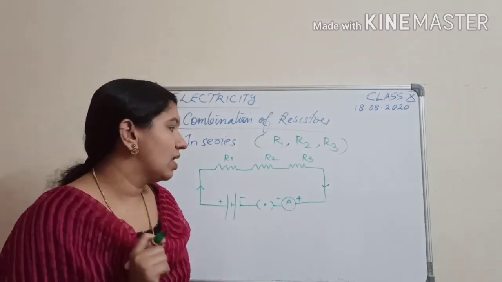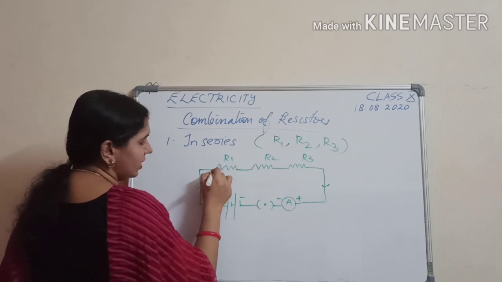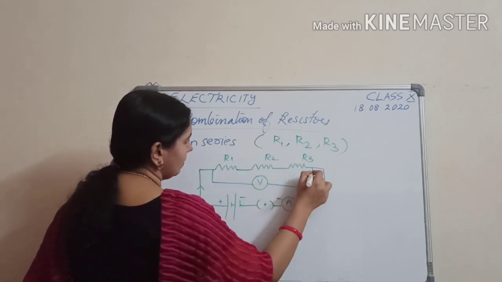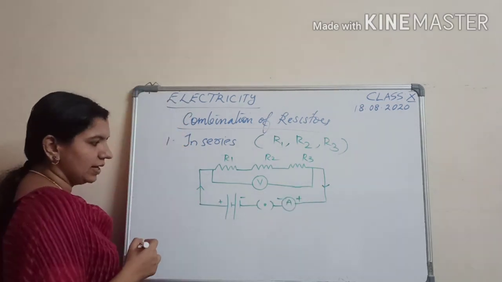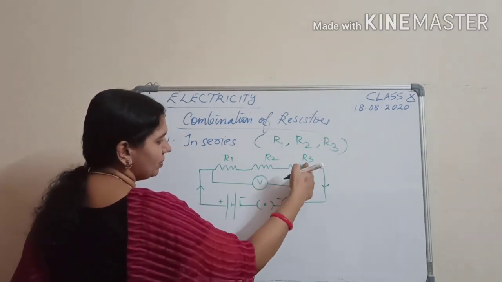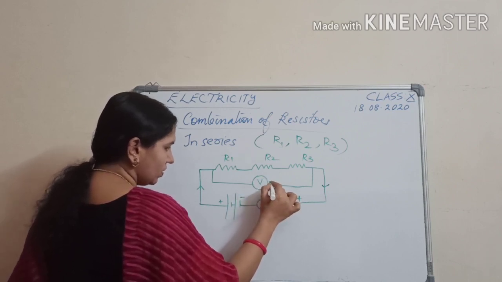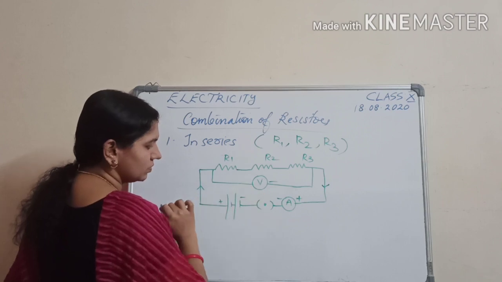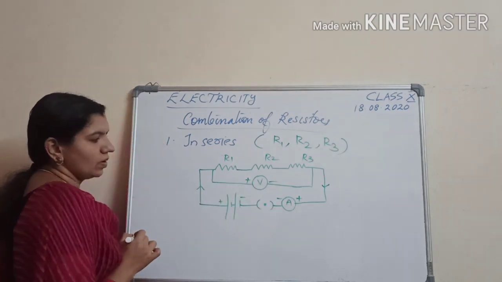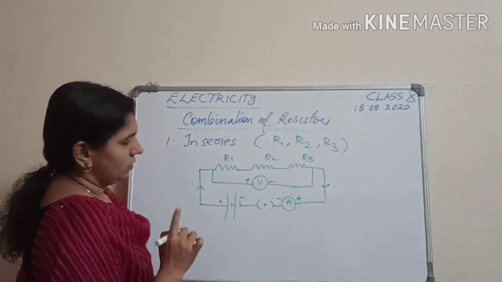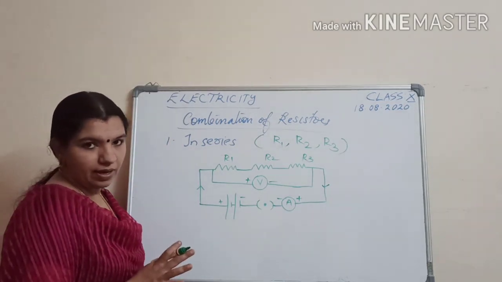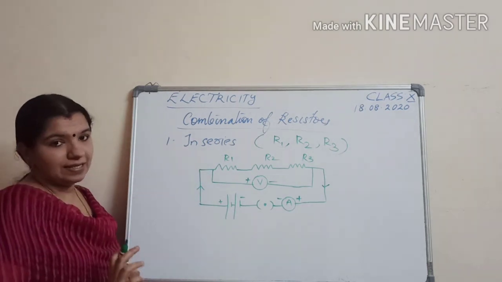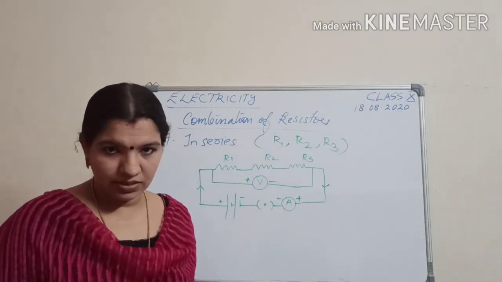In parallel. So I am placing a voltmeter here, which is placed in parallel. Clear? Now again, the positive of the voltmeter should be connected to the negative of the ammeter. Like that you have to arrange. Clear now? So this is the connection in which the resistances are connected in series.